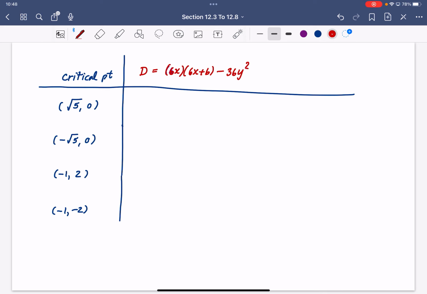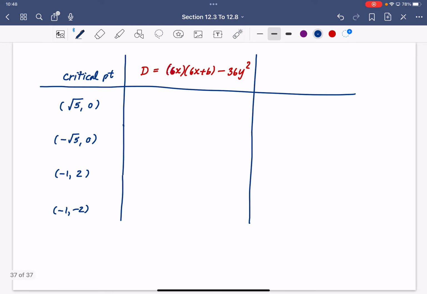Does it make sense? Now you compute your D here, and this is the classification at the end. The second column is going to take time to compute.